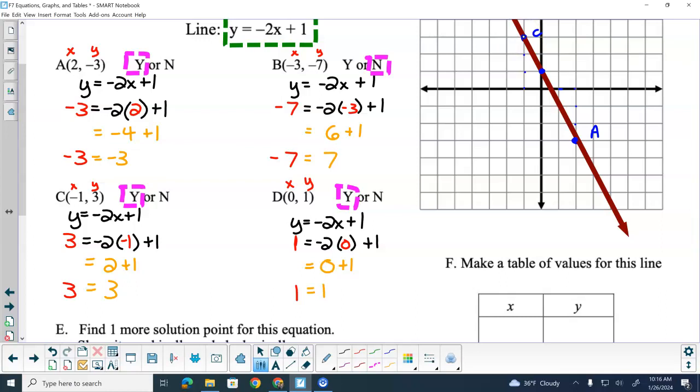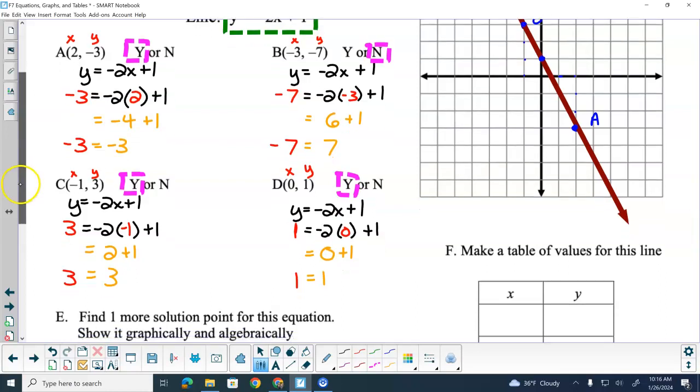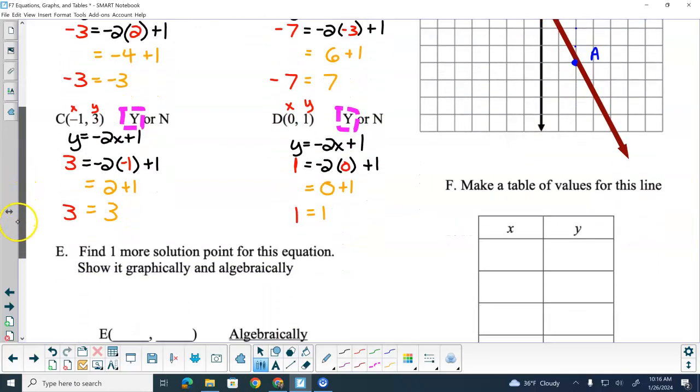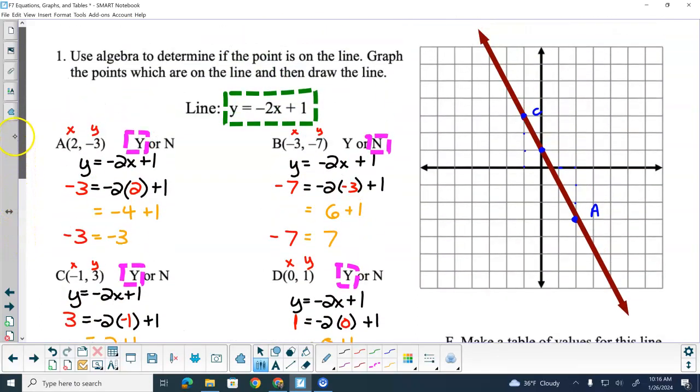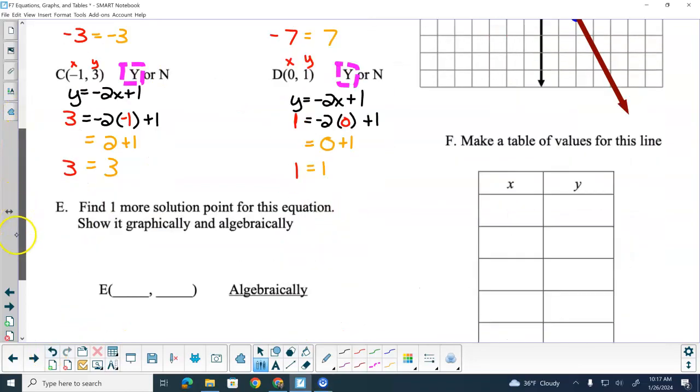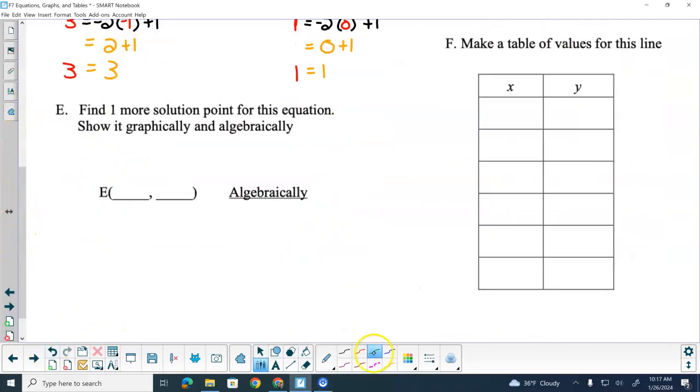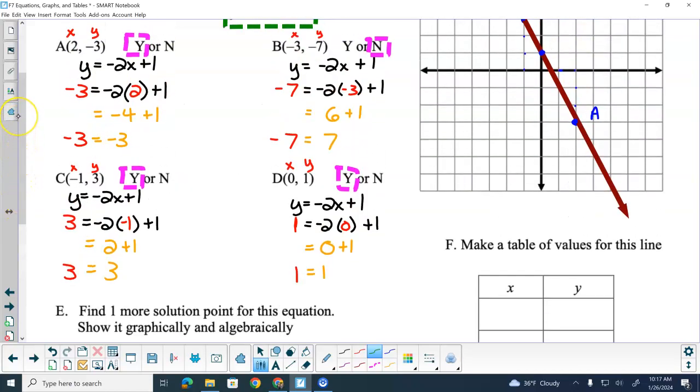Find me, now in part E, find me another point that is on the line. Okay. Graphically, positive 1, negative 1 would be right 1, down 1. That would be my point E right there.